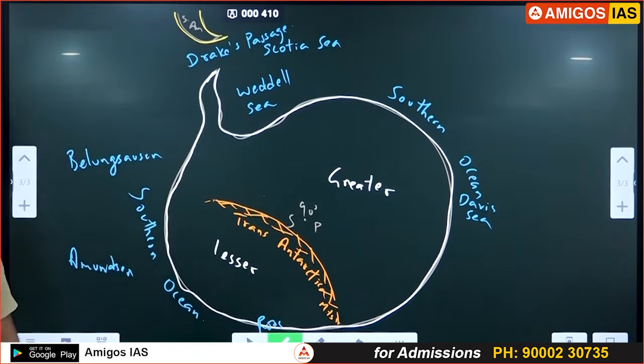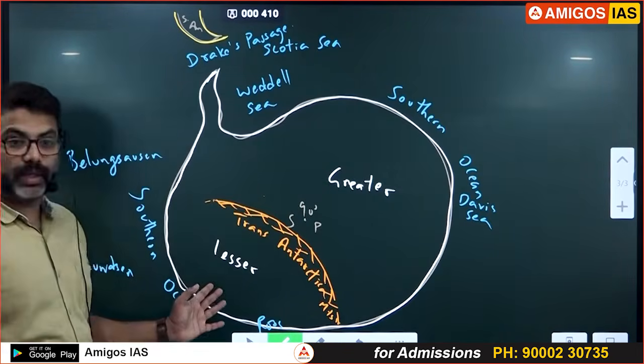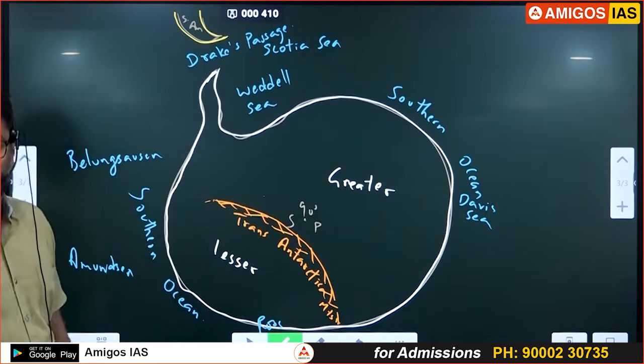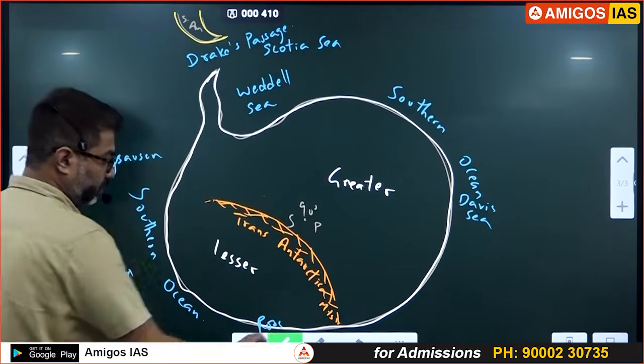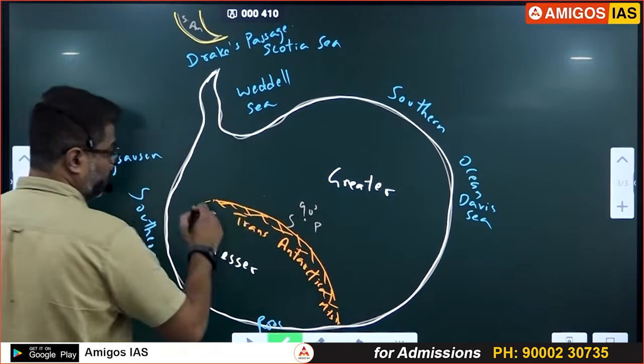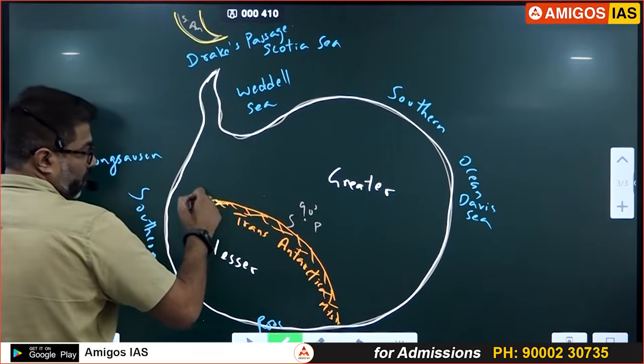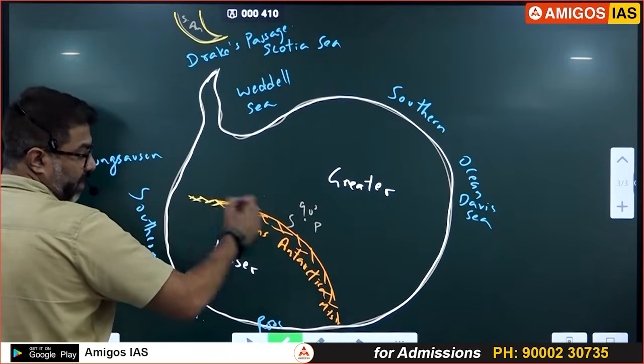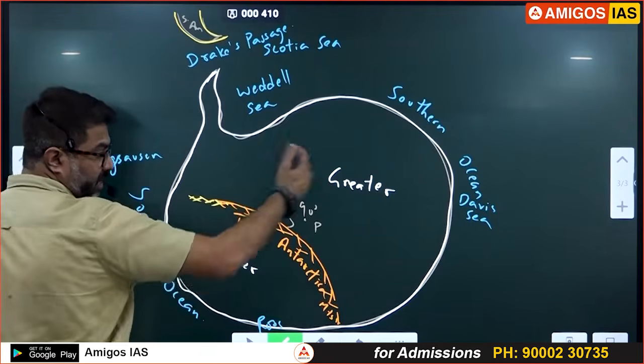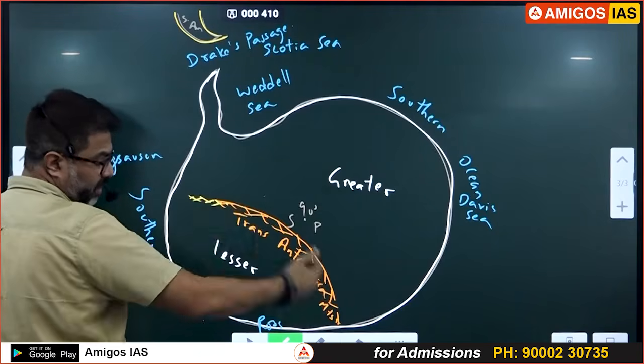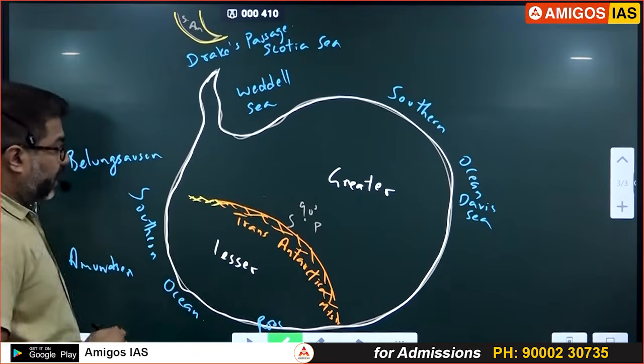Greater Antarctica, Lesser Antarctica, or Eastern and Western. Please notice the Trans-Antarctic mountains, the mountain range that divides Antarctica into two parts. Okay, greater, lesser.